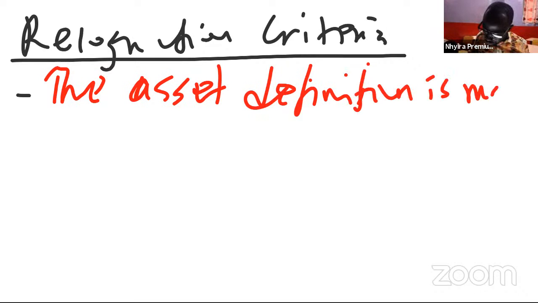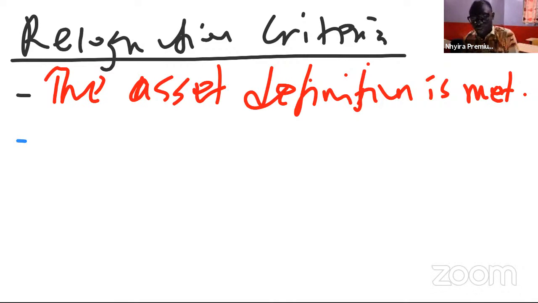Remember we've defined an asset as resources controlled by an entity as a result of past events from which future economic benefits flow to the entity. So if the transaction meets the definition of an asset, boom, we recognize it. That's the first recognition criteria.